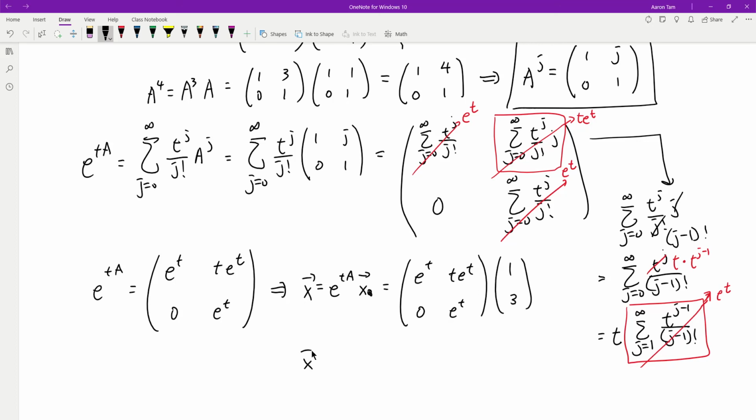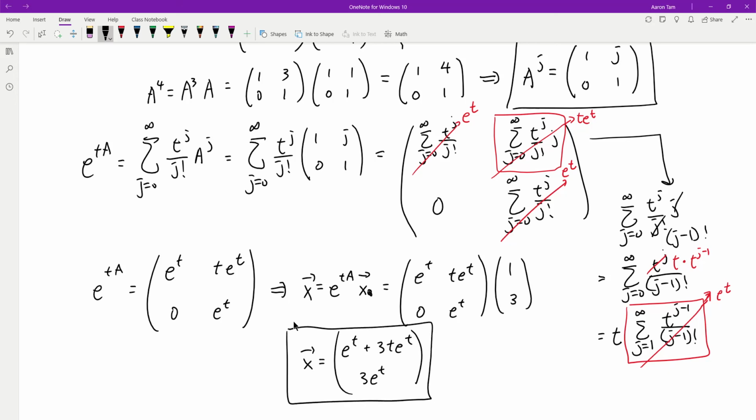So therefore vector x would equal e to the t plus 3t e to the t, and then 3 e to the t. I'll leave it up to you to verify that this would work, and I assure you that it should.